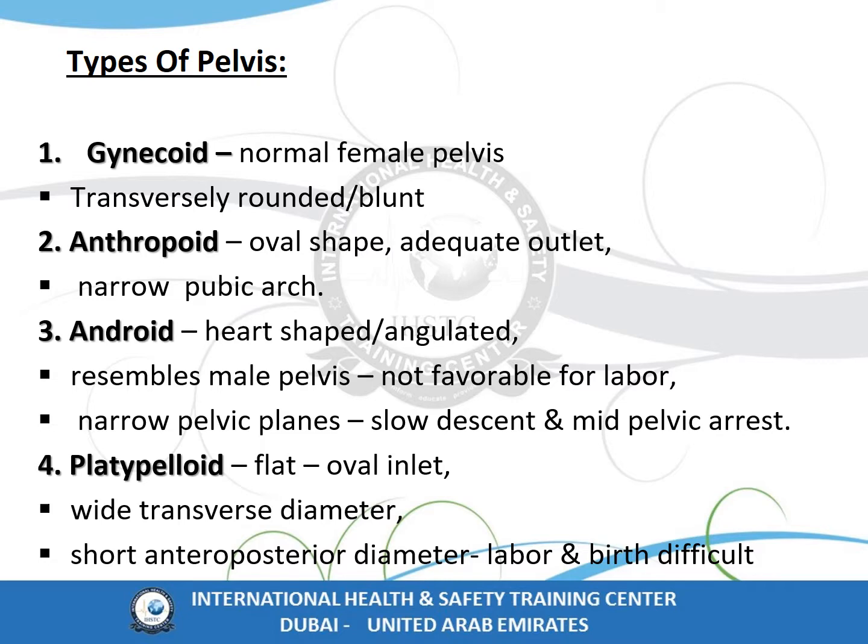Android pelvis resembles a male pelvis that's heart-shaped or angulated, and it is not favorable for labor or delivery because it has narrow pelvic planes that can cause slow descent and mid-pelvic arrest. Platypelloid pelvis is flat with an oval inlet and has wide transverse diameter but short anterior-posterior diameter, making the labor and birth difficult.